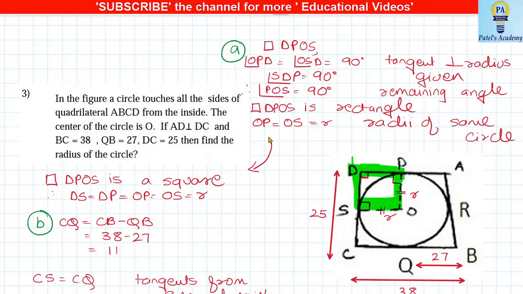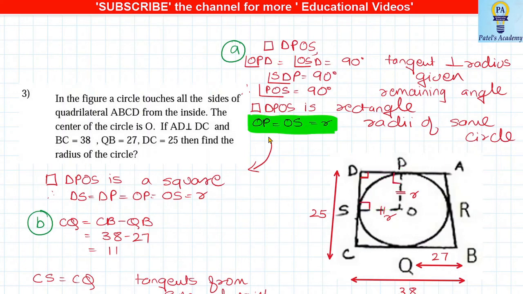So see the steps. Two angles, angle P and angle S, are 90. Tangent perpendicular to radius. Angle D is 90, which is given in the question. So the fourth angle is also 90, the remaining angle. And as adjacent sides are equal, that is PO is equal to OS here, I can say that it is a square.